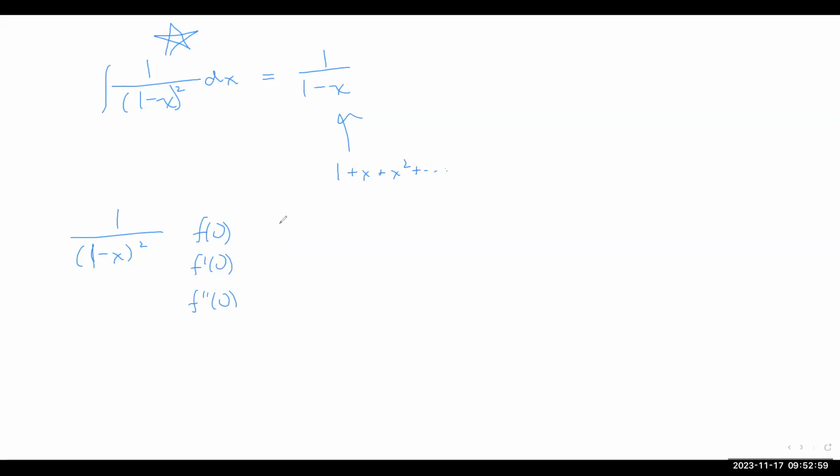One thing I've said before, but it's worth repeating: if you have a function, its power series representation is unique, which means no matter how you find it, as long as you do it correctly, you should get that. They're kind of like derivatives. You have probably a dozen rules for finding derivatives, and no matter which one you use, you should get to the same place. Power series are very much the same way. It becomes an issue of you deciding which one makes most sense to you, which you're more comfortable doing correctly.